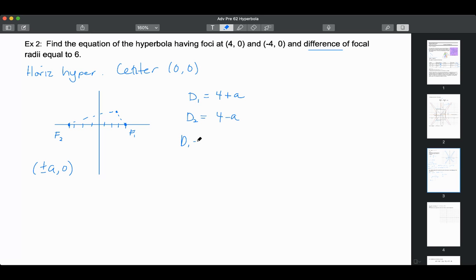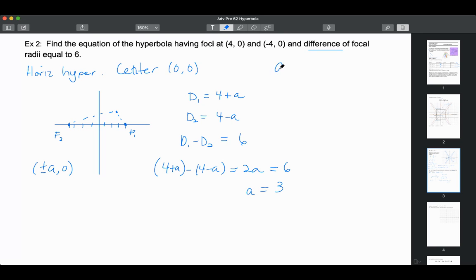I also know that d1 minus d2 is equal to 6. Well, if I put this together, (4 plus a) minus (4 minus a), that's going to be 2a. So that's always going to be true, that those are the easiest distances to calculate. It's always going to lead to 2a. And now we know that that's 6, so I can figure out that my a value is 3.